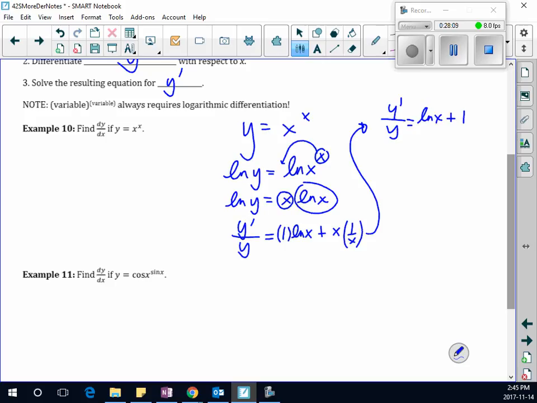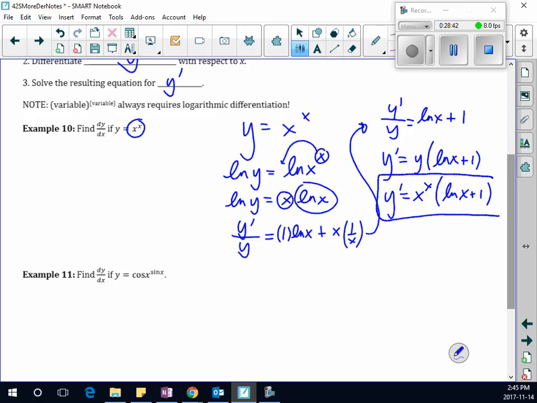Is everybody good with that? Okay, so we need to solve for y prime, so we need to get rid of the y. Cross multiplying it over, I get y prime equals y times ln x plus 1. However, I can't leave it with this y here. So what does y equal again? Right there. So y prime equals x to the power x times ln x plus 1. So this would be my final answer.